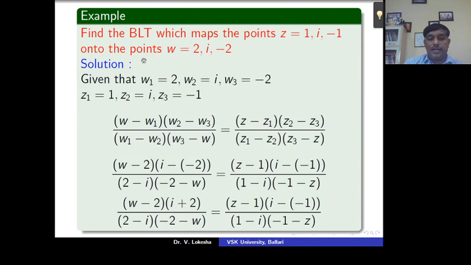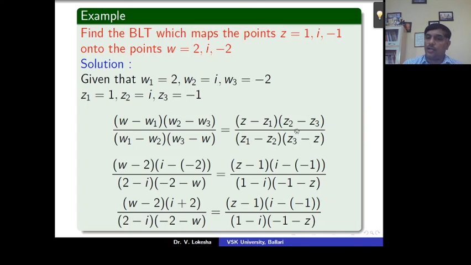One more example related to bilinear transformation. Find the bilinear transformation which maps the points z equal to 1, i and −1 onto the points w equal to 2, i and −2. First, let the given function be represented with w1 equal to 2, w2 equal to i and w3 equal to −2, and z1 equal to 1, z2 equal to i and z3 equal to −1.